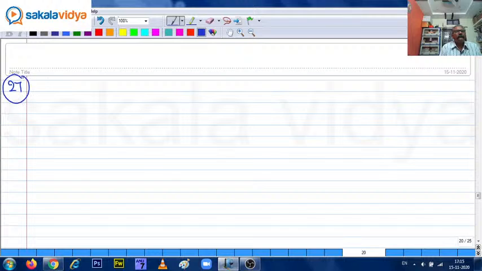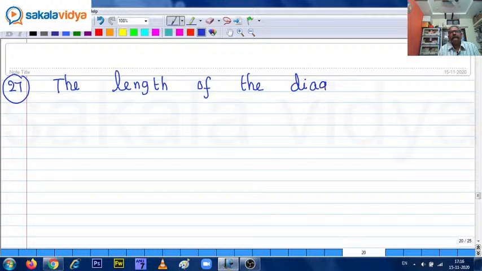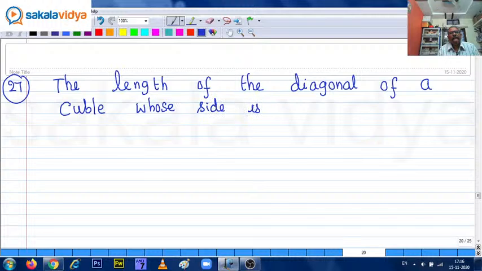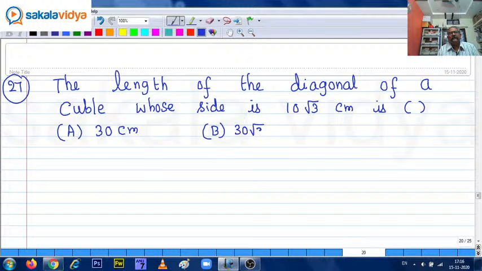27th. The length of the diagonal of a cube whose side is 10 root 3 centimeters is: A, 30 centimeters, B, 30 root 3 centimeters, C, 10 root 3 centimeters, D, 32 centimeters.